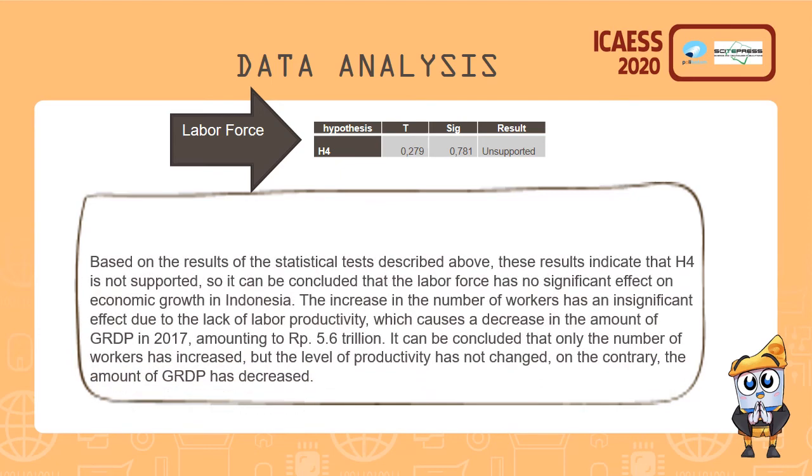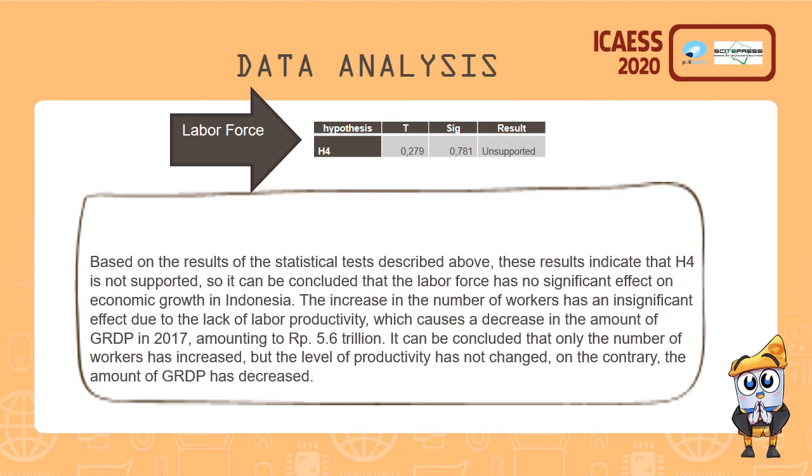Hypothesis 4. Based on the result of the statistical test described above, this result indicates that hypothesis 4 is not supported. So it can be concluded that the labor force has no significant effect on economic growth in Indonesia.